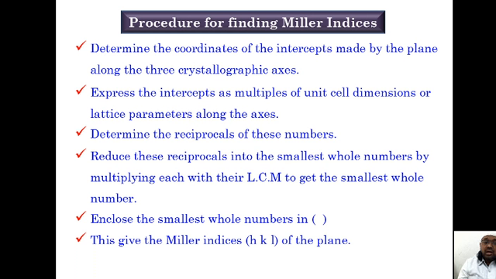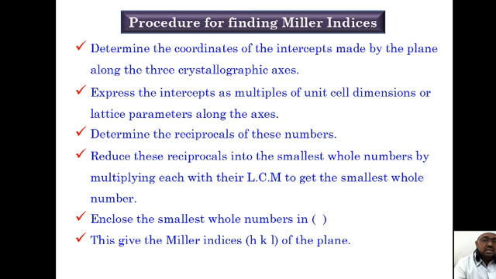Miller says that he is giving us the procedure to find the Miller indices, and from the Miller indices you can know mathematically where the more concentration of atoms is. In order to know this, he has given us some important parameters and points to determine the Miller indices. So what is the procedure? First, determine the coordinates of the intercepts made by these planes.